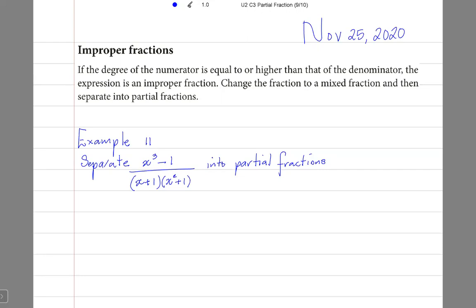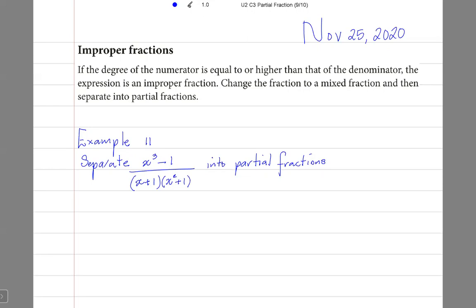Now here's what this says. If the degree of the numerator is equal to or higher than that of the denominator, the expression is an improper fraction. We're to change the fraction to a mixed fraction and then separate into partial fractions. The degree they're talking about is the highest power of x.